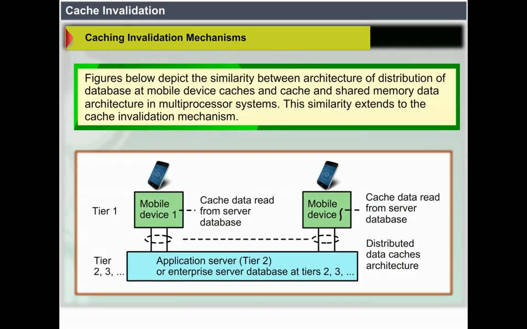Figures below depict the similarity between the architecture of distribution of database at mobile device caches and cache and shared memory data architecture in multiprocessor systems. This similarity extends to the cache invalidation mechanism.